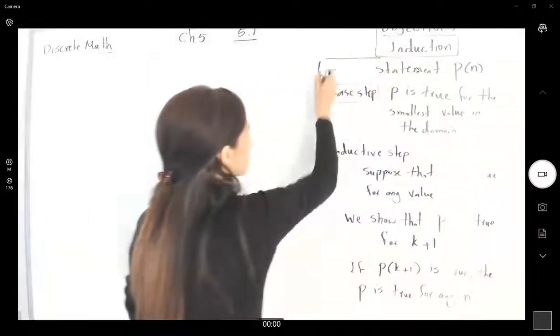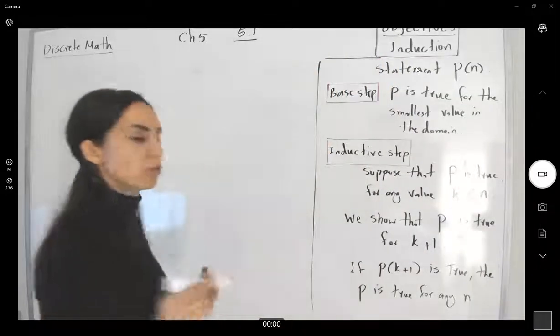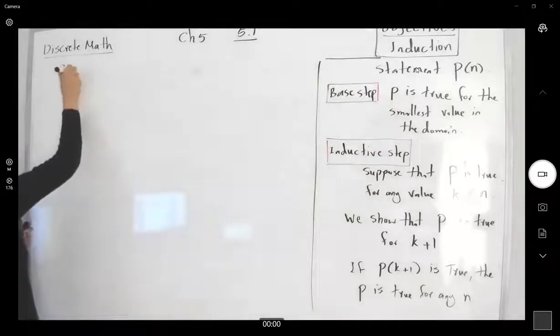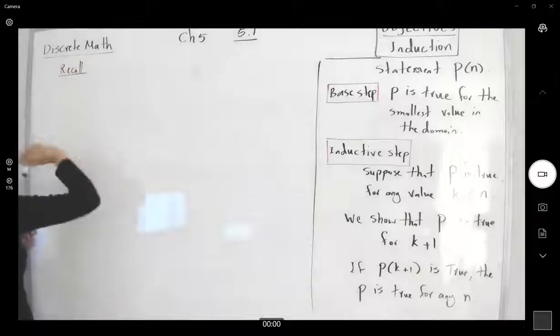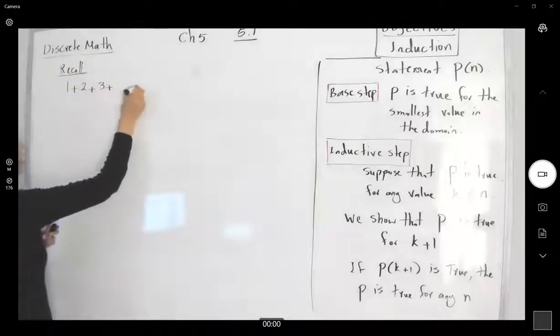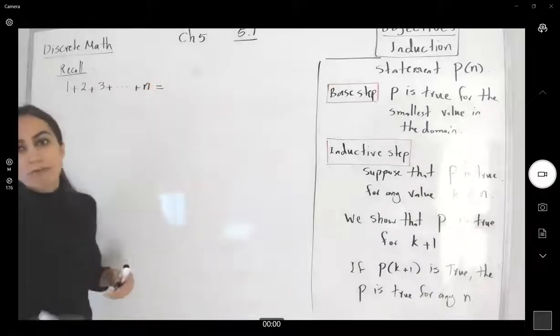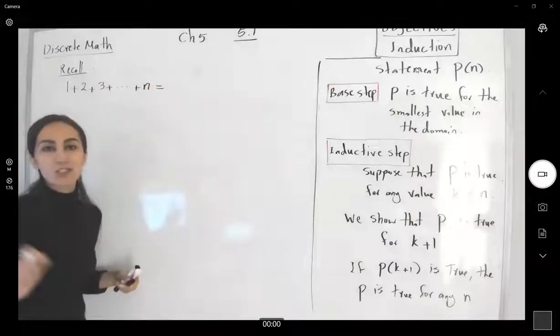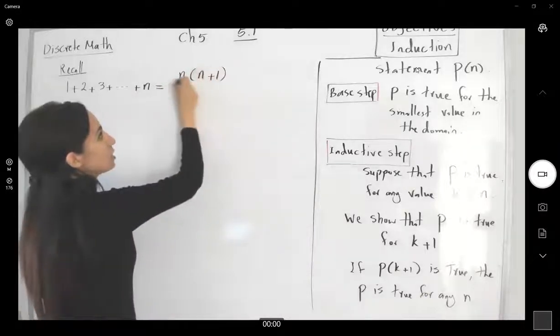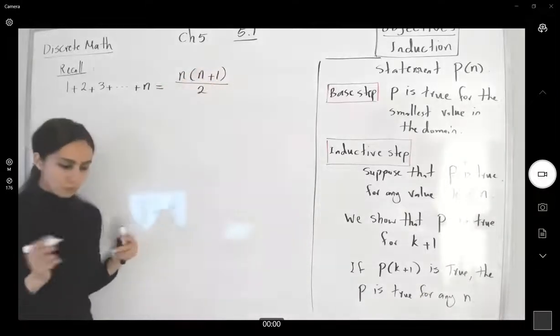Okay, this is what we learned before. And we went over one example. This will recall for you. Show that 1 plus 2 plus 3 plus up to n, the sum of the first n natural numbers, is n times n plus 1 divided by 2.